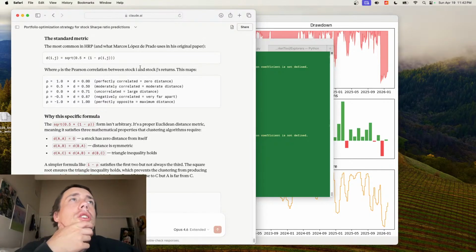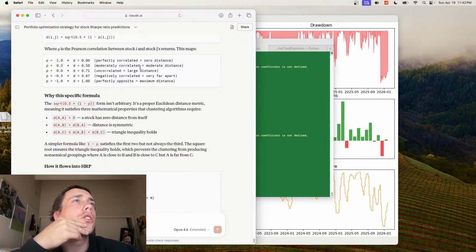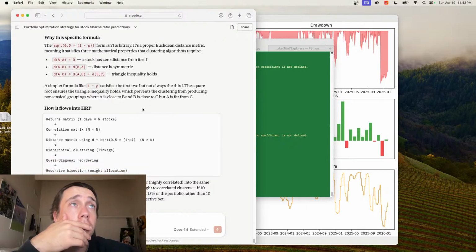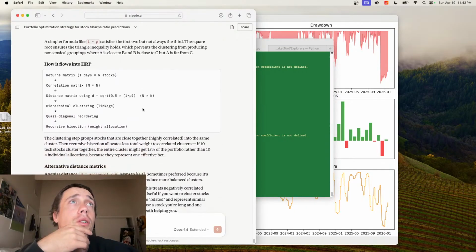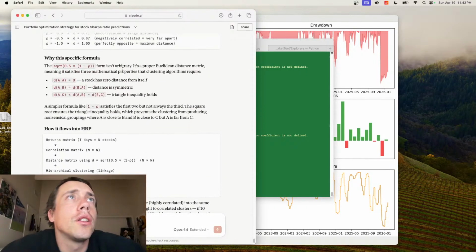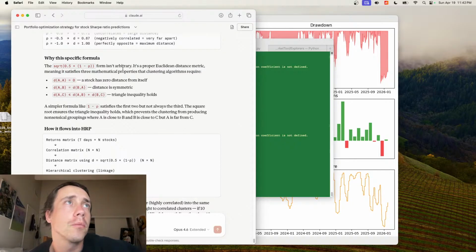So do I want to use the correlation between the returns or the correlation between the predicted Sharpe ratios? A simpler formula like 1 minus rho satisfies, so the formula isn't arbitrary. It's a proper Euclidean distance metric, meaning it satisfies 3 mathematical properties.